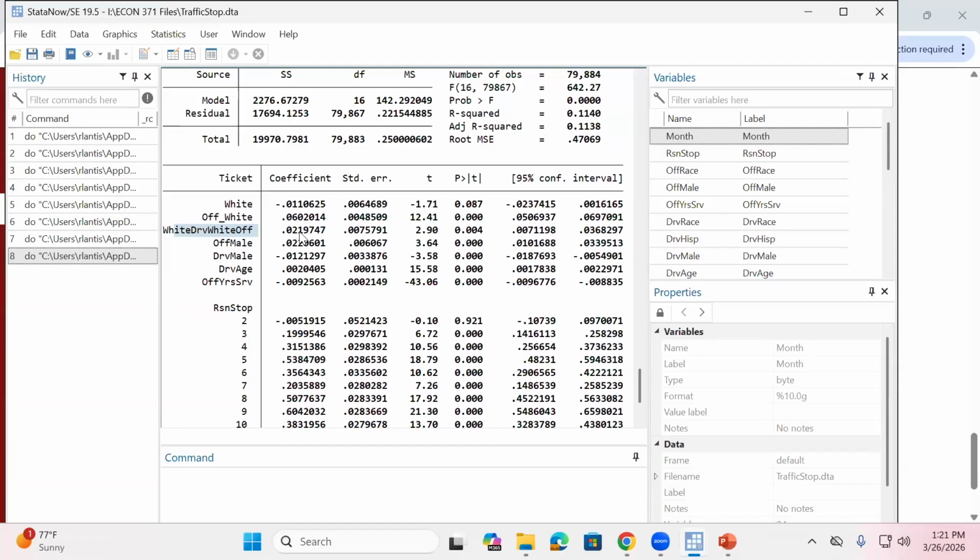So the total effect here is that for a white driver, if it's a white officer, the probability they issue a ticket actually goes up by 0.01, approximately. I'm rounding pretty egregiously here to the second decimal. I wouldn't have expected this, which is that white officers are treating white drivers a little bit more intensely, right? They're issuing tickets at higher rates.